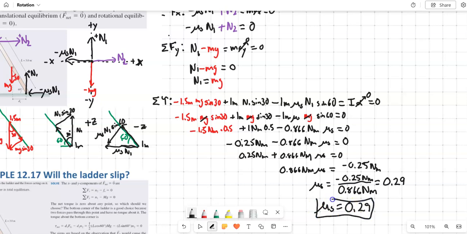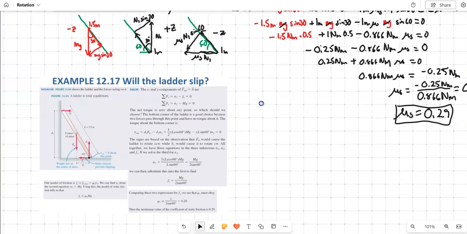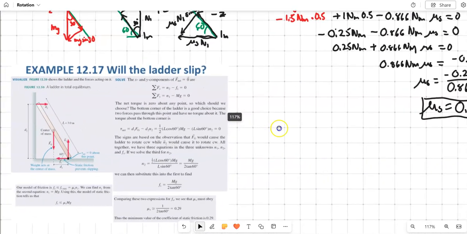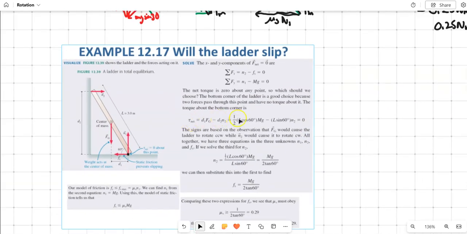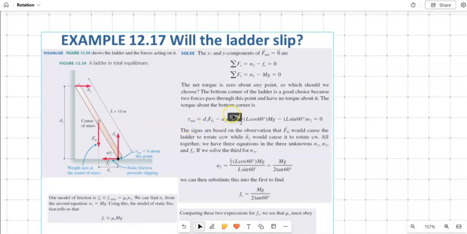Okay. Now the way I did it is a little bit different from your textbook, but I would say this is a very difficult problem. Your textbook does it a little bit differently. They're using cosines and sines in here. So check out this problem in your textbook and see how they did it. They're basically choosing to have it rotate around a different pivot point.